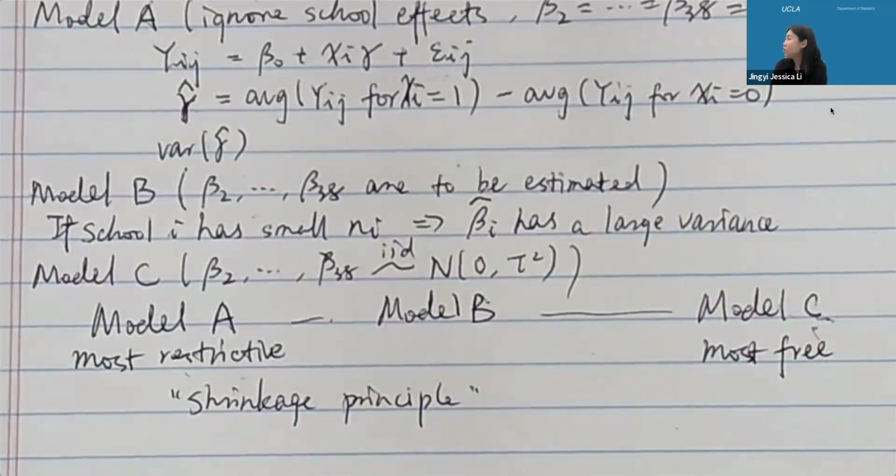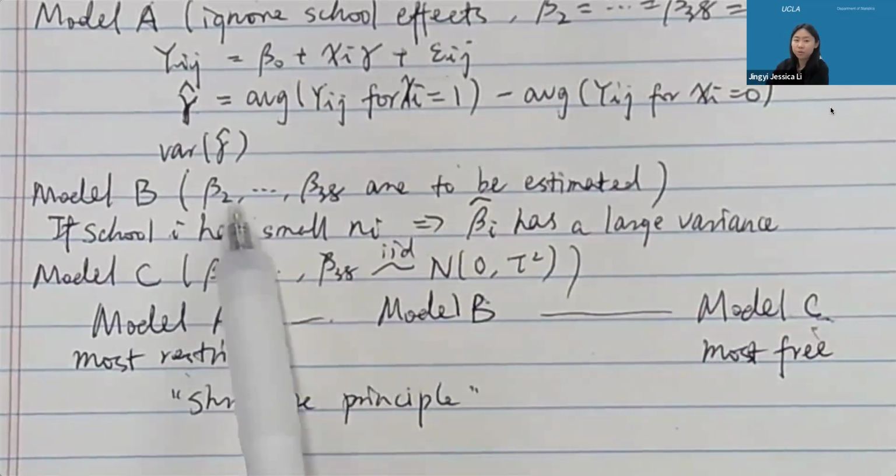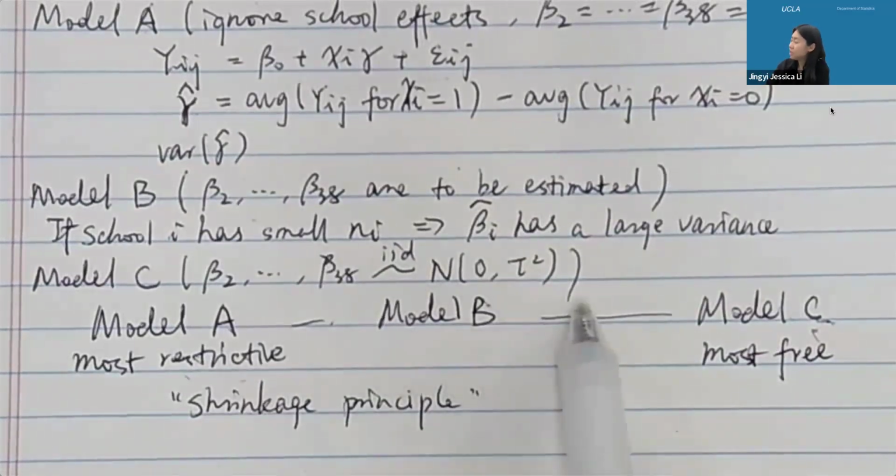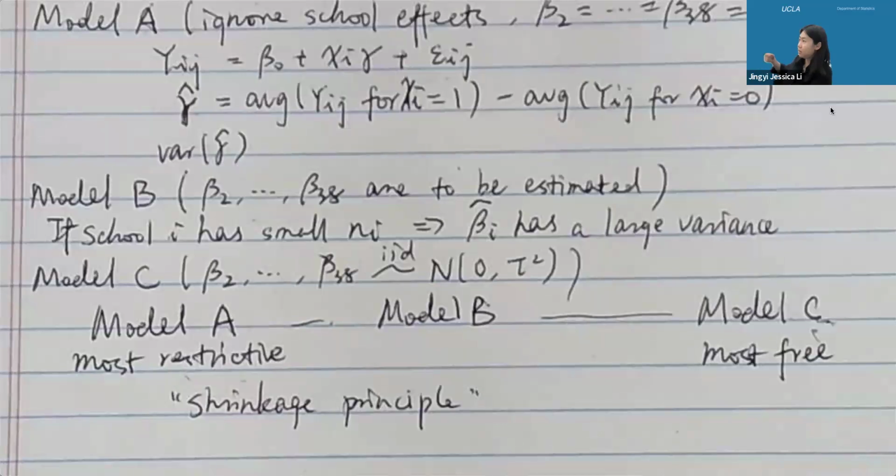What you're actually doing is that once you add a penalization, essentially you're shrinking coefficients towards the mean, right? And here we are shrinking these beta 2 to beta 38 also towards the mean through this prior, because this prior assumes that the Gaussian is very concentrated.